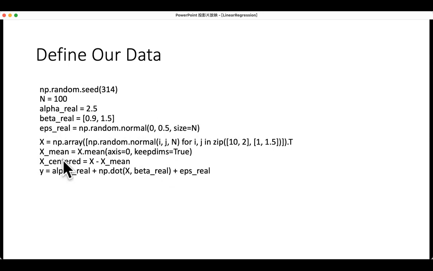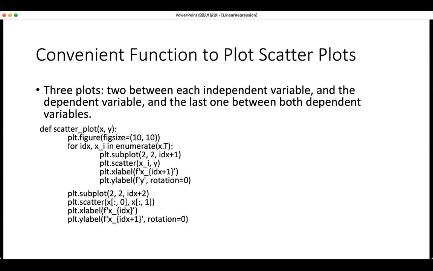values and store them in the EPS real. Then here we create those 100 points using the predefined alpha real, beta real, and epsilon EPS real. Because it's 3-dimensional, it's probably difficult to show on the screen, but we try our best.